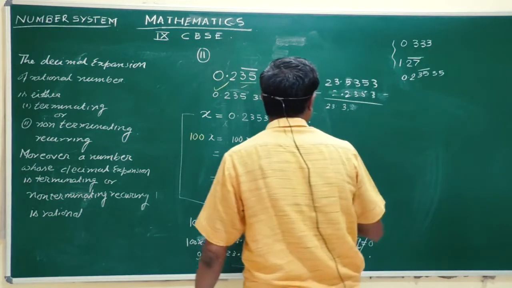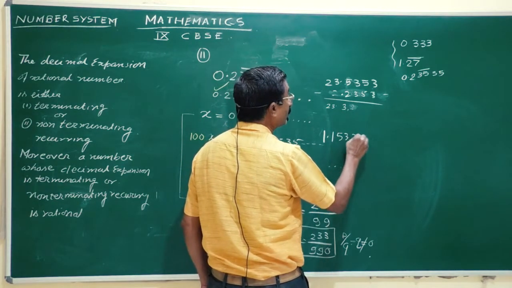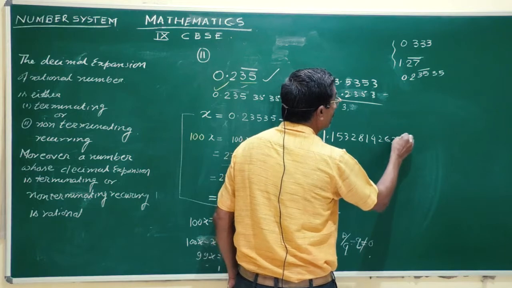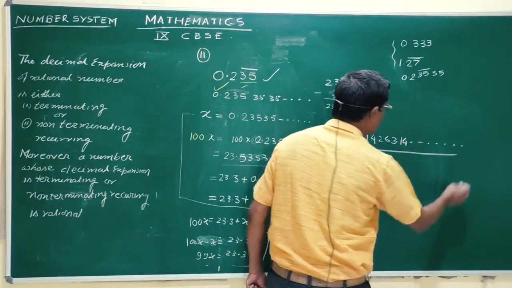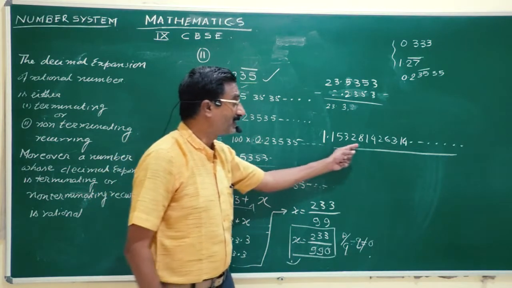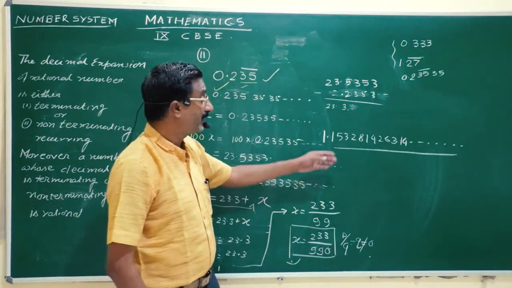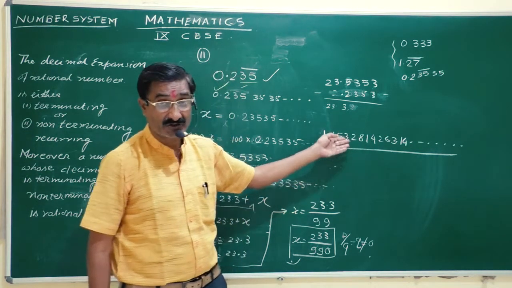Non-repetitive means the values are like this: 1.1532814261314 and so on. Means it is not repetitive in nature. The sequence is different up to infinity. You cannot get any repetitive value after a certain string also.